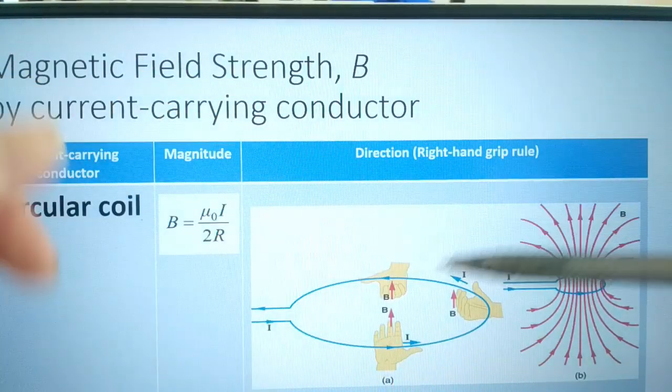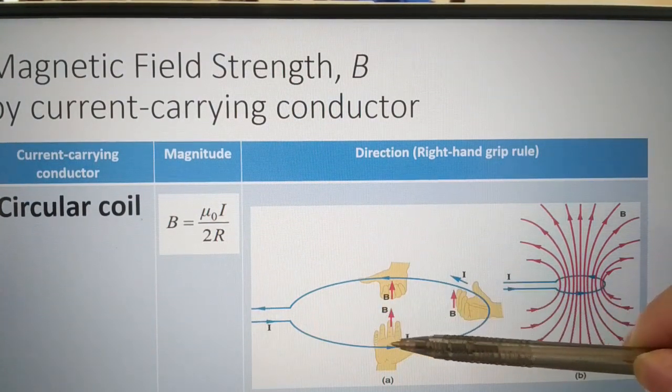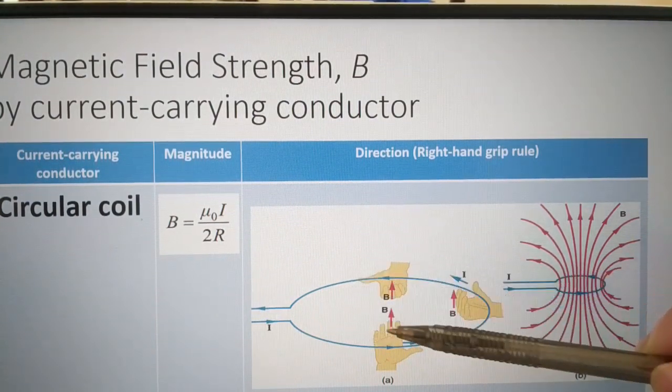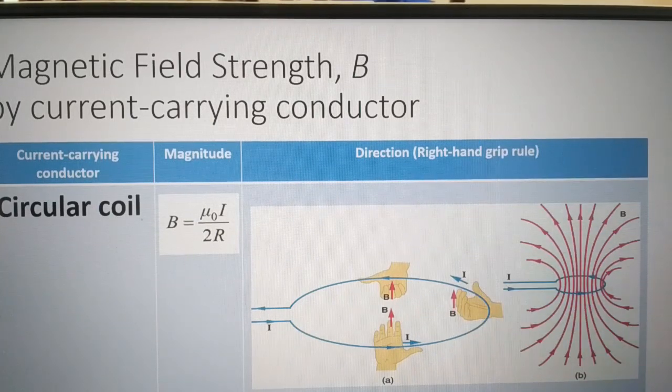At any point along the coil, your magnetic field is always pointing up. If I want to draw my magnetic field lines, this is what it looks like: the magnetic fields are all pointing up inside the coil.